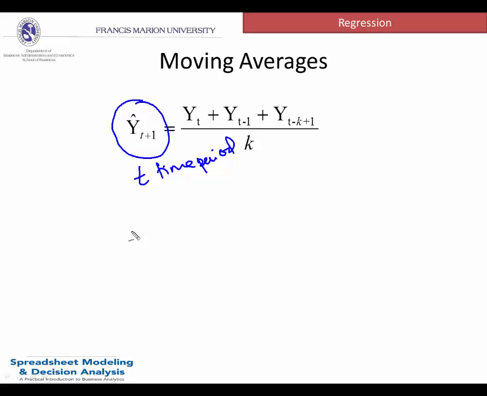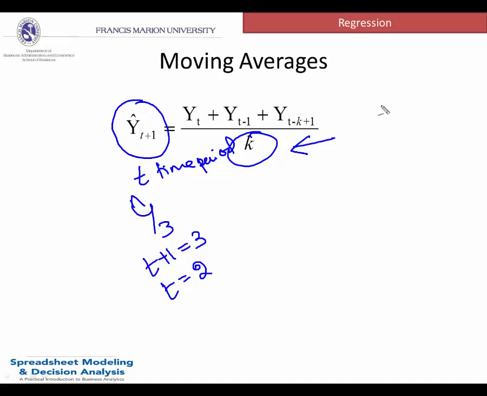So let's say we are trying to predict for period number 3, then t plus 1 is equal to 3, therefore t is equal to 2. And k here is how many periods the moving average is going to take. So maybe k is equal to 2, which means we're looking at a 2 period moving average.